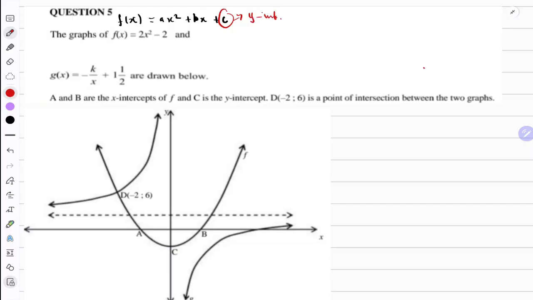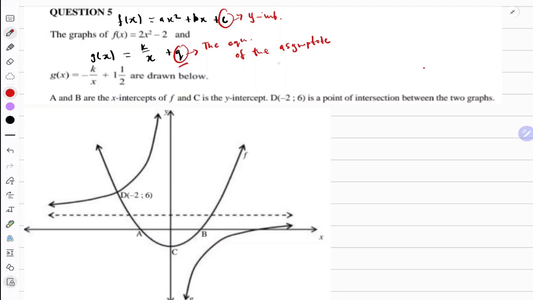Y-intercept, right? And then if you look at the hyperbola, it also takes the general form, which is g of x is equal to k over x plus q, where q in this case is the equation of the asymptote, right?